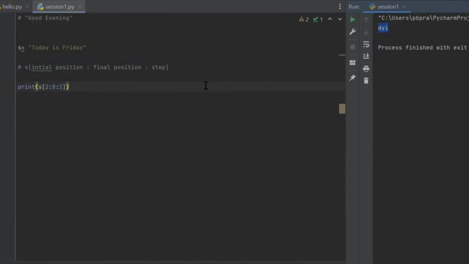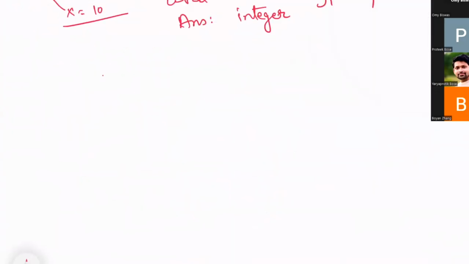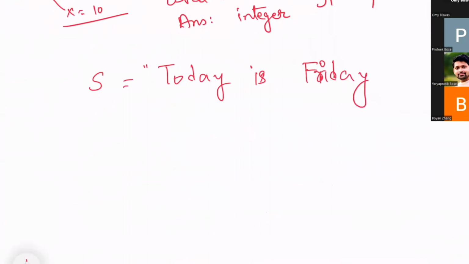So what happened here is, I'm explaining now. If we have taken a string, let's say S equal to today is Friday. When it is a sequence, inside a container, if you're writing a word or a sentence, each character has its own index: 0, 1, 2, 3, 4.